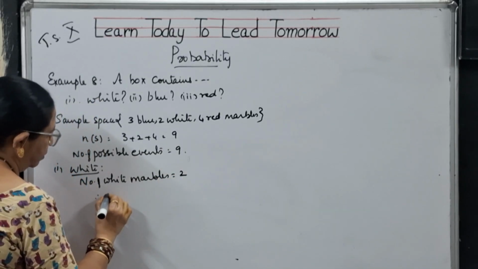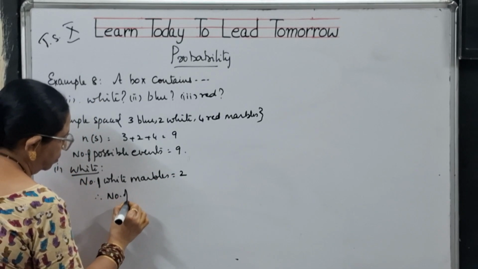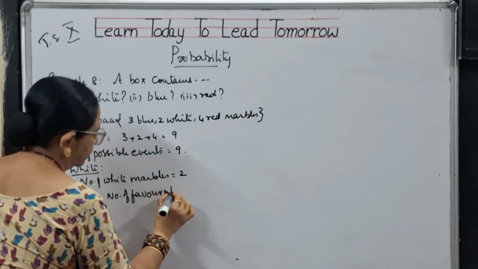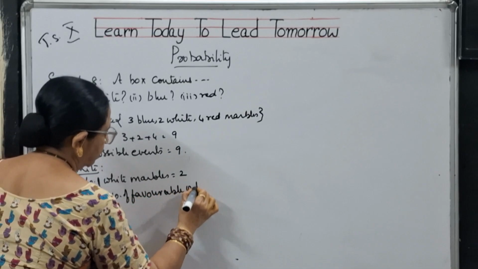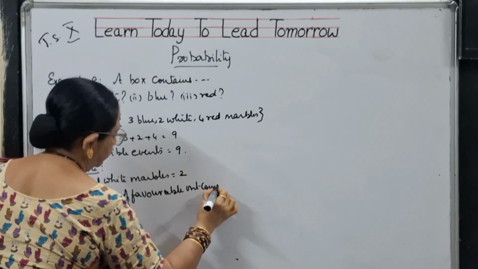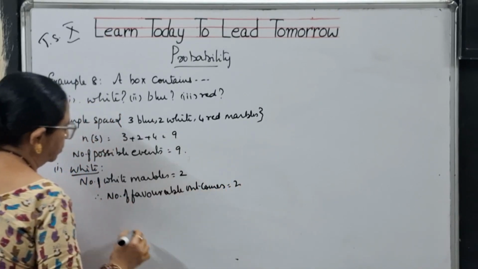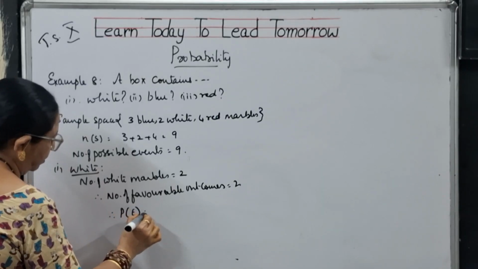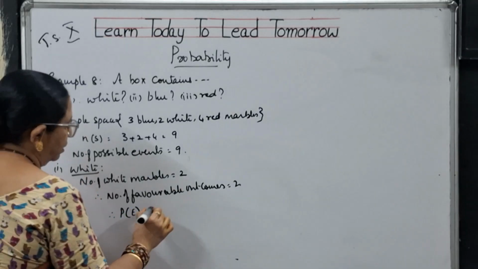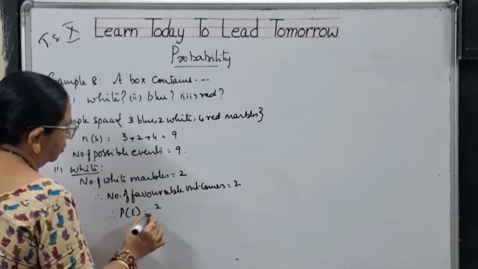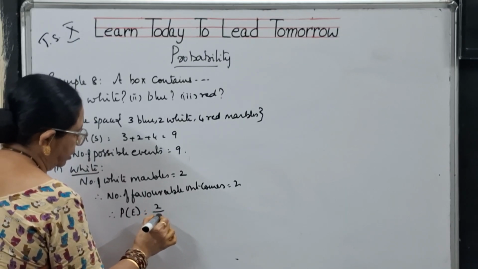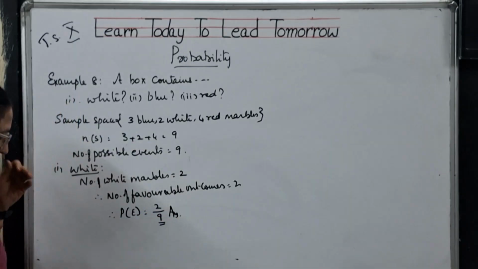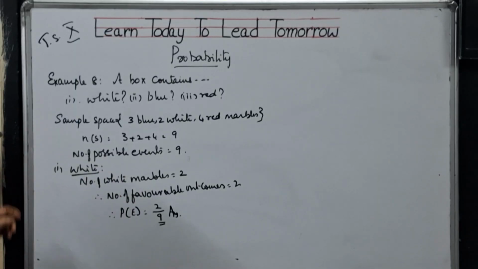That means number of favorable outcomes are 2. Therefore, probability of this event, what is the event? Getting white, is number of favorable outcomes by number of possible outcomes. 2 by 9 is the answer for white.